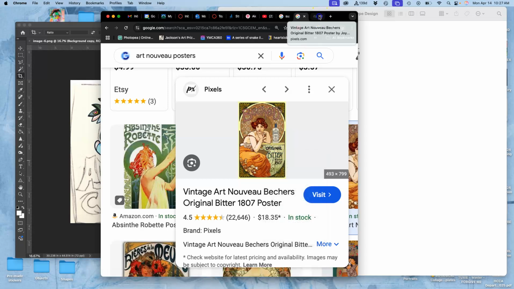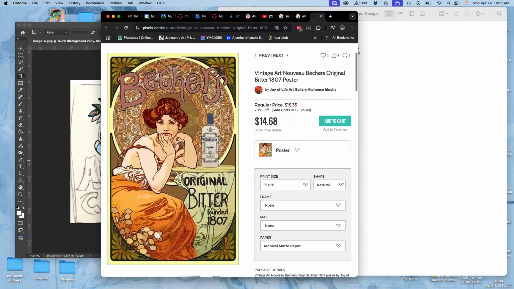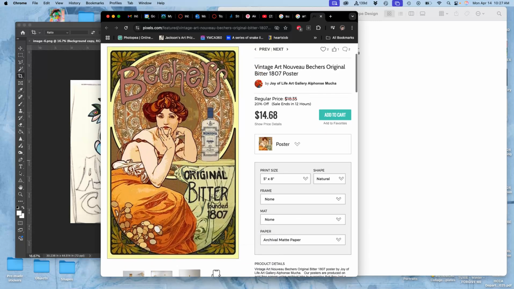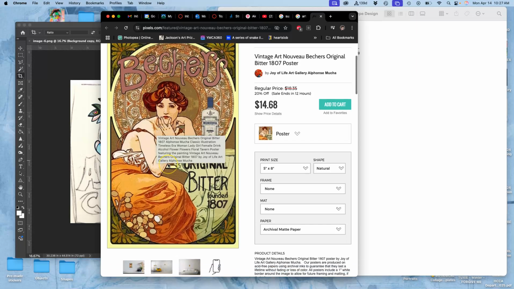Because the type design was all hand done, but not necessarily super interesting by today's standards. We're a little bit more sophisticated. This is all about the imagery, right? And the type design was not usually done by the artists. So this is from 1807. This is Alphonse Mucha's artwork, but someone else did the type, and the type just doesn't fit with it very well.